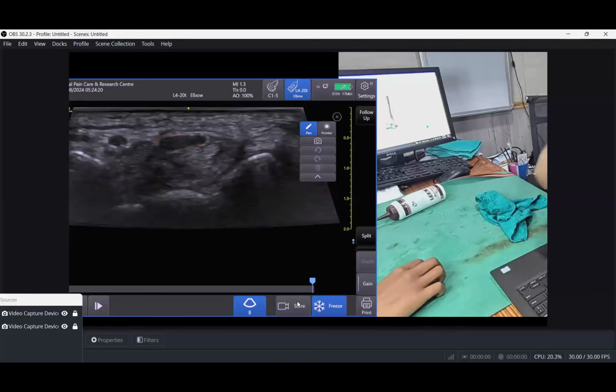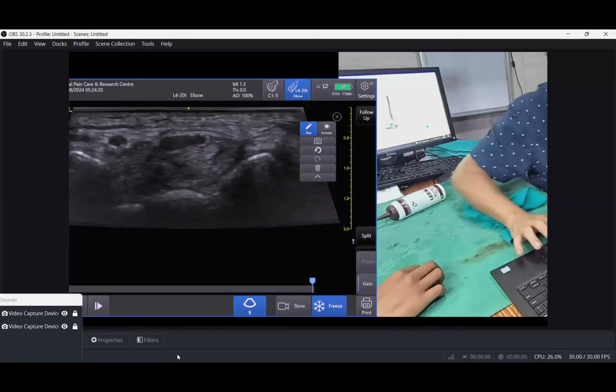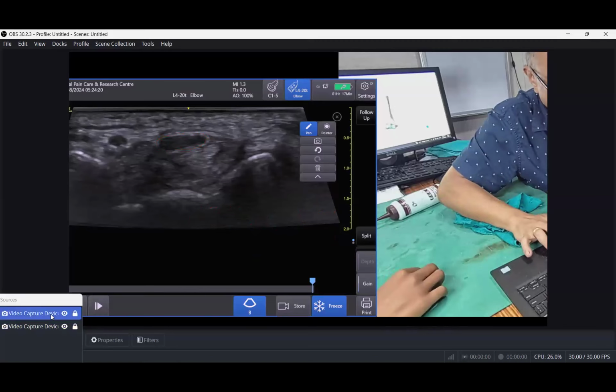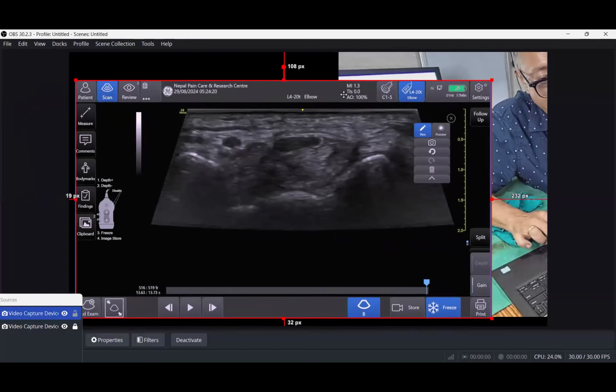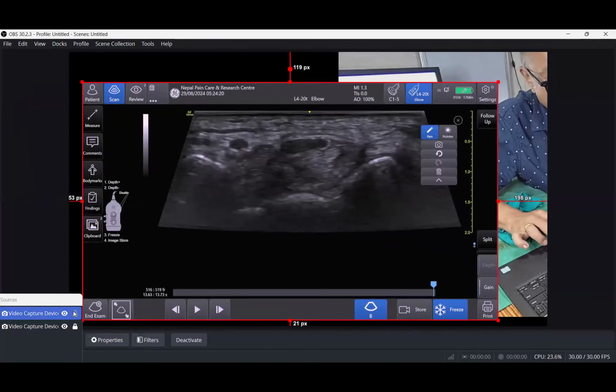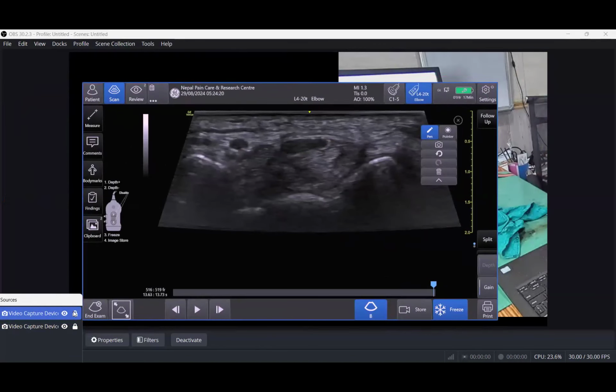So what you do is, in the ultrasound machine, there will be a measurement option. Can you see? This one is the measurement.